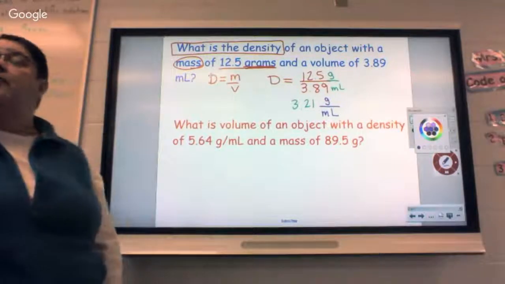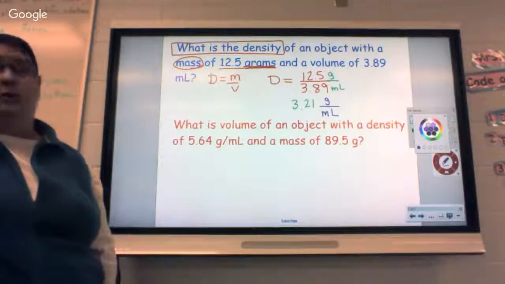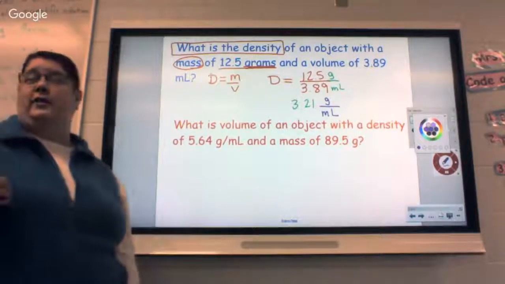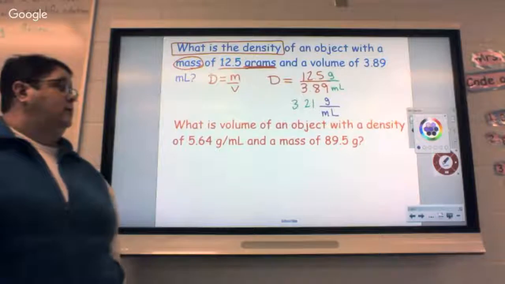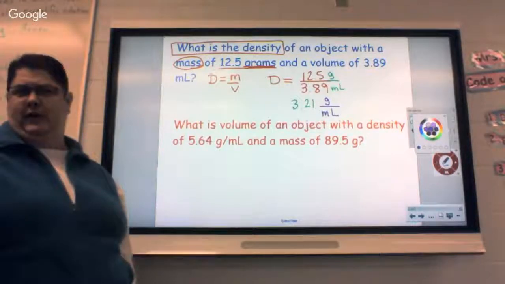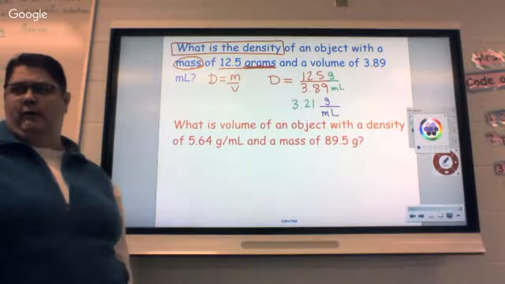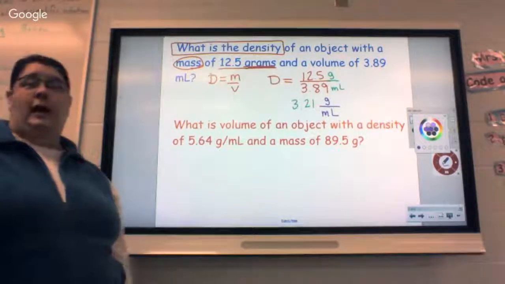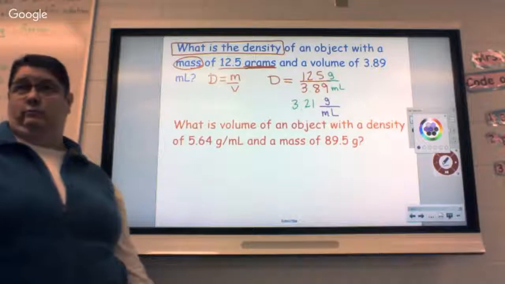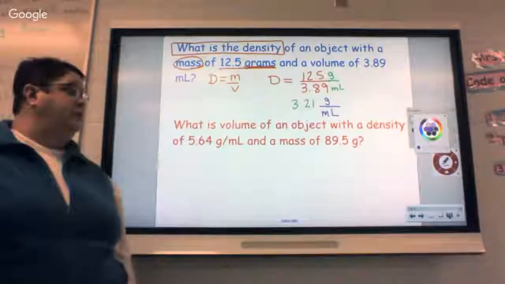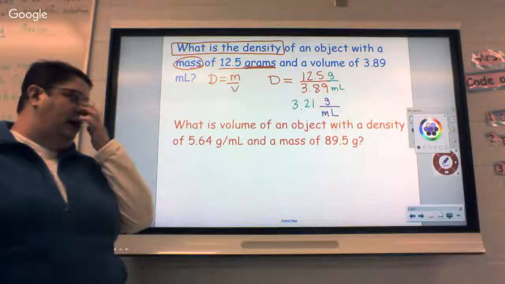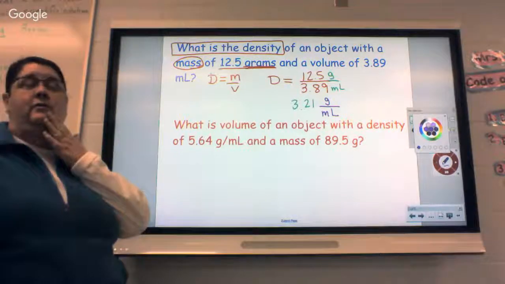Now, to illustrate how that is different, I put this question here to illustrate the difference. I'm going too fast for those of you who are writing. Okay. So in the second one, I asked to find the volume of an object with a density of 5.64 and a mass of 89.5.